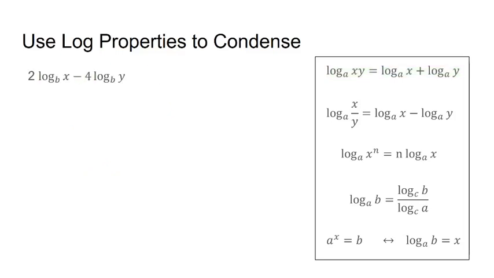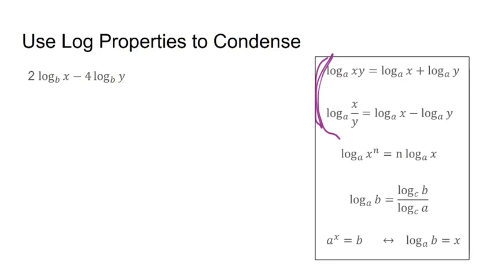Let's do another example. We're going to condense again, and this time we're actually going to have to use some other properties. Notice in these we have coefficients out in front, but in none of these properties do we have coefficients out in front. I can't use either of these whenever I have coefficients next to the logs. So I'm going to look right here. This is a property that has a coefficient.